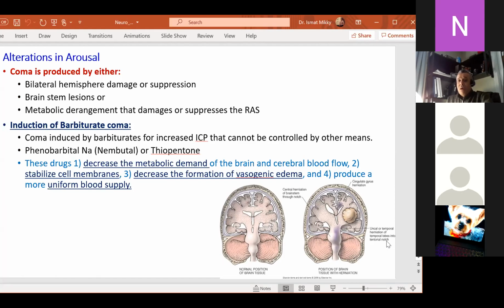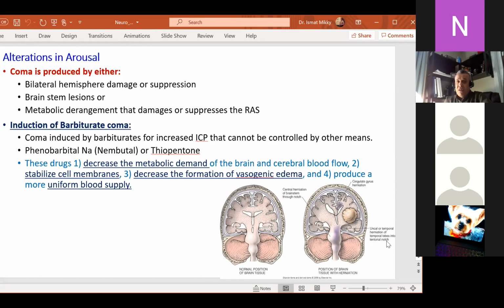Coma either results from one of the previous factors, or sometimes we induce coma in the ICU. I will explain why. Let's say a patient survived head trauma, traumatic brain injury, due to a motor vehicle accident.